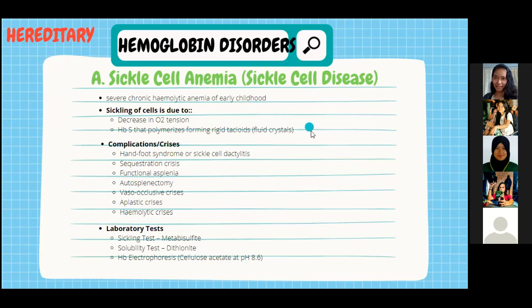So we have here sickling of cells due to decrease in oxygen tension, the hemoglobin S polymerizes, forming rigid tactoids, which we call liquid crystals. The complications here: we have the hand-foot syndrome or sickle cell dactylitis, the sequestration crisis, the functional asplenia, autosplenectomy, the vaso-occlusive crisis, aplastic crisis, and hemolytic crisis.